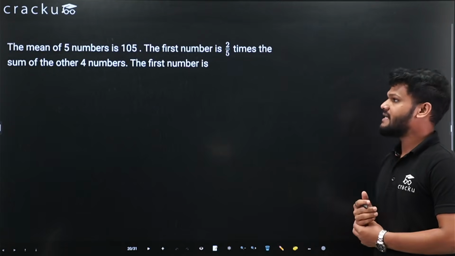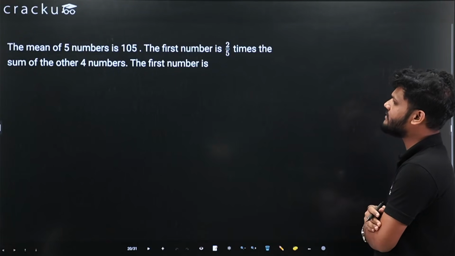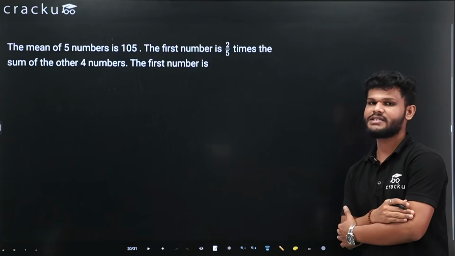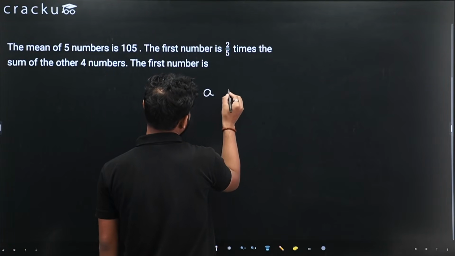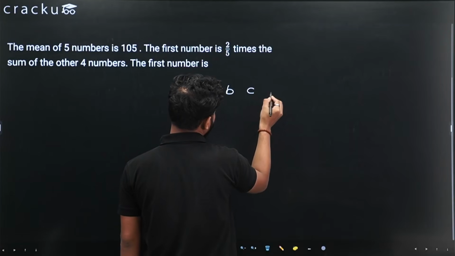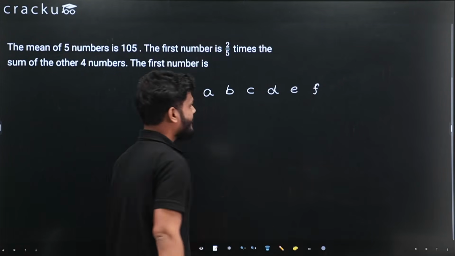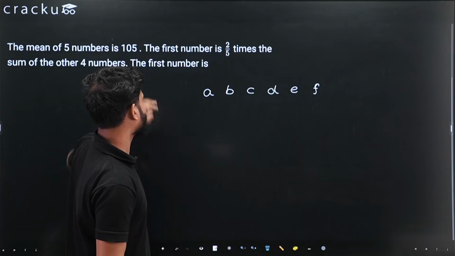In this question we are asked the mean of 5 numbers is 105. The first number is 2 by 5 times the sum of the other 4 numbers. So let us say we have numbers A, B, C, D and E. The mean of all these numbers, the average of all these numbers, is given as 105.